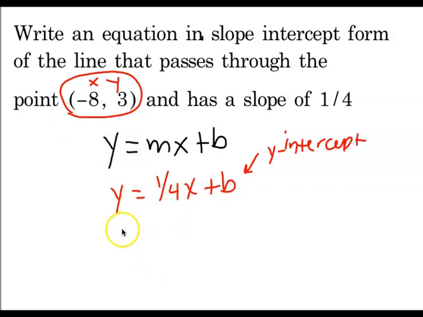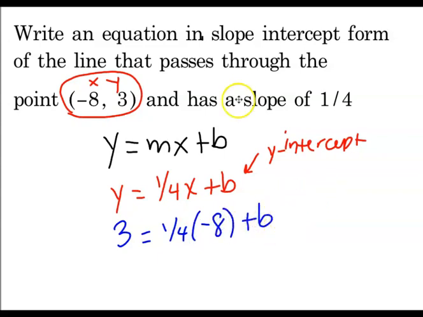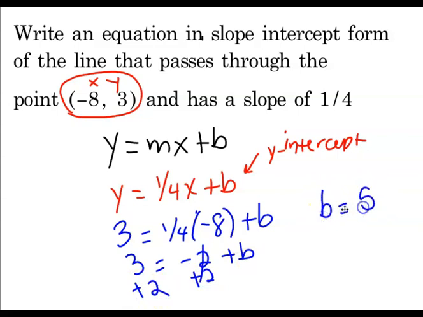I am going to make it 3, because that's the y, equals 1/4, x is -8, plus b, and I'm going to now find the y-intercept. Well, 1/4 of -8 is -2, so I get 3 equals -2 plus b. I add 2 to both sides, and b, or the y-intercept in this case, is 5.